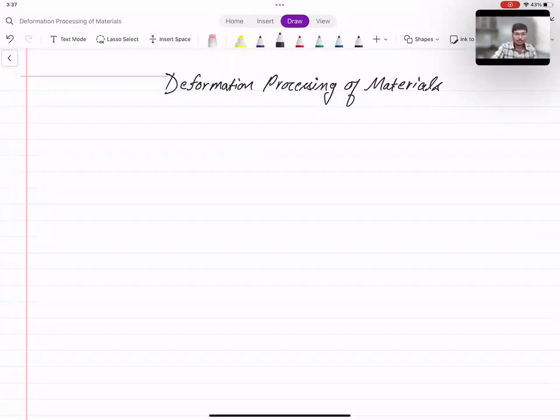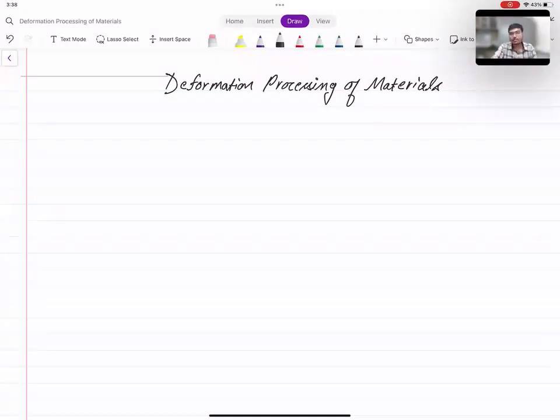Hello learners, welcome to the course on deformation processing of materials. In this course, we will see various techniques and tools used for the deformation processing or metal forming so that the metals can be transformed or can be given useful shapes or can be converted into useful components for various engineering applications.